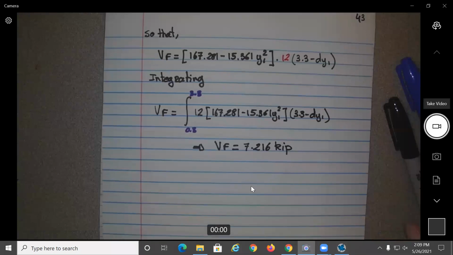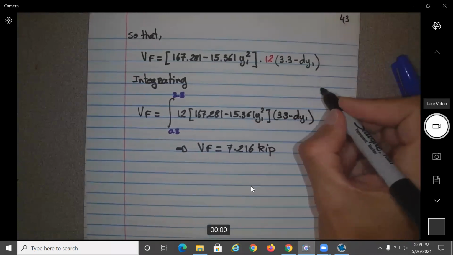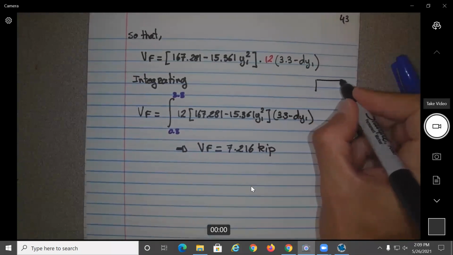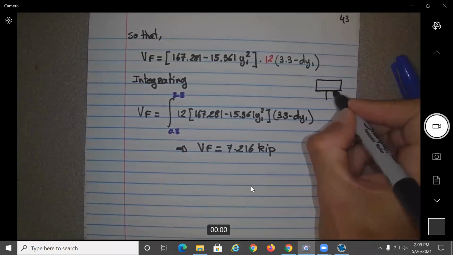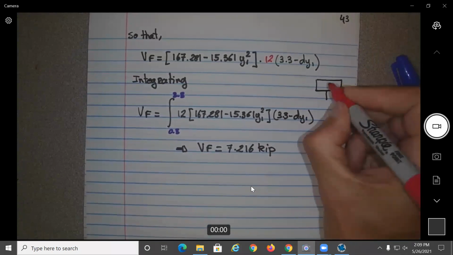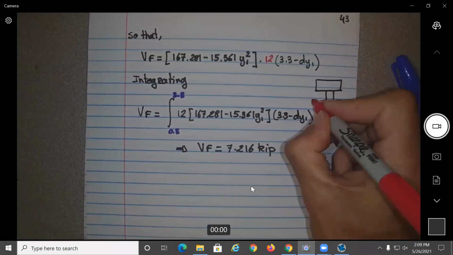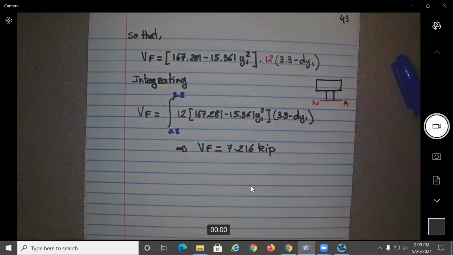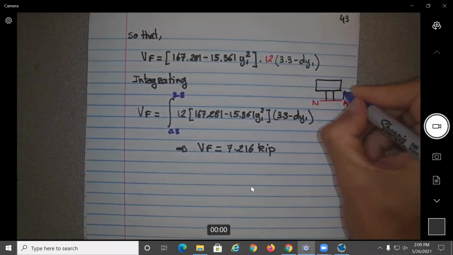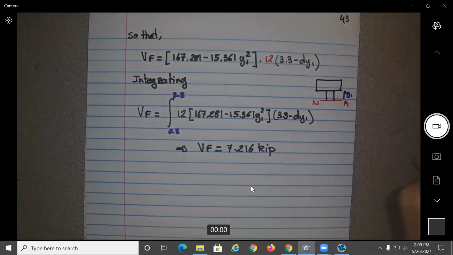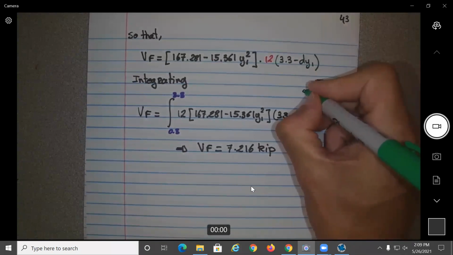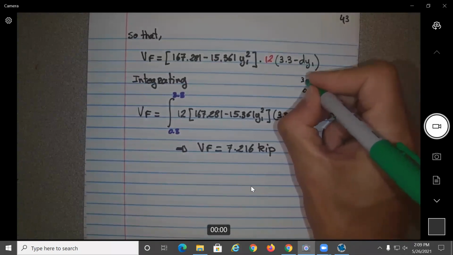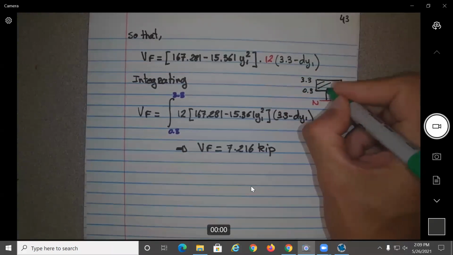Okay, and I hope that you see that the limits of integration here are because when we look at this one here, this is y sub 1, starts from here. This is 0.3, and this is 3.3, okay? The points are here.